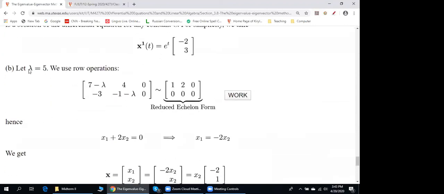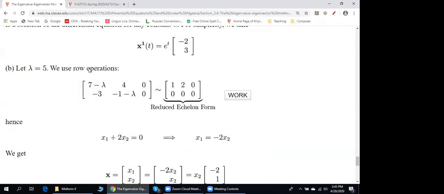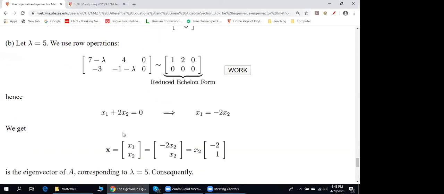We apply the same procedure for lambda equal to 5. So once again, in the augmented matrix, we replace lambda by 5. We apply elementary row operations to come up with the reduced echelon form. We switch to the corresponding equation. We move 2x2 to the right because x2 is a free variable.